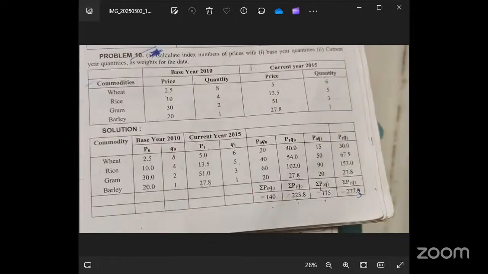What happens? We need to multiply P0 Q1, then P1 Q0, and P1 into Q1. So after making all these multiplications, we need to make these summations.